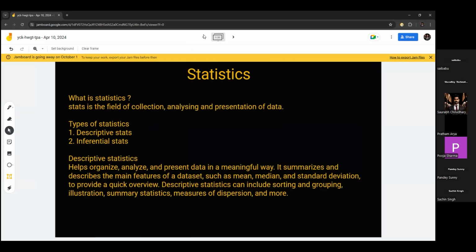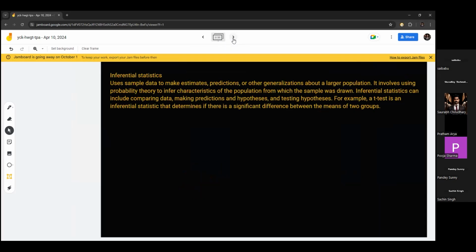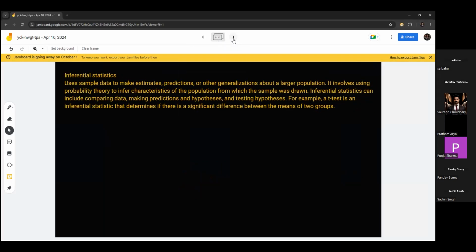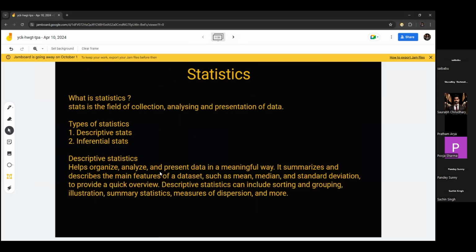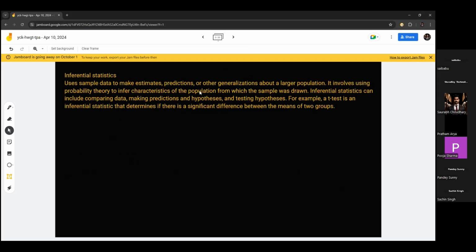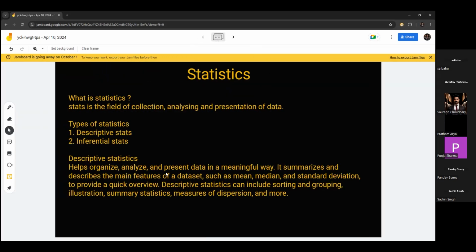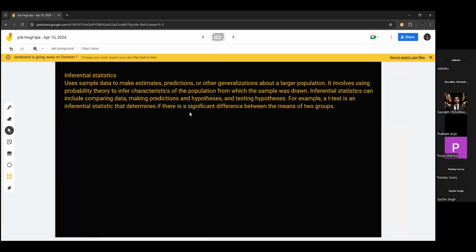Descriptive helps organize, analyze, and present data in a meaningful way, and inferential statistics use sample data to make estimates and predictions. So you can understand this is for presenting the data, and this is for making the prediction. This is for analysis, and this one is for machine learning.